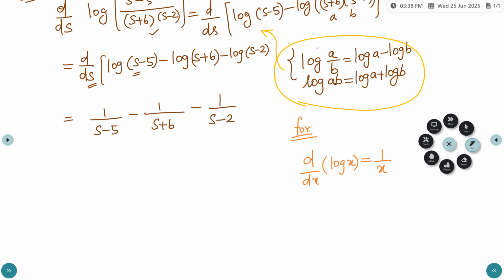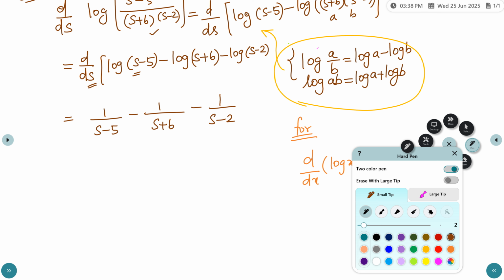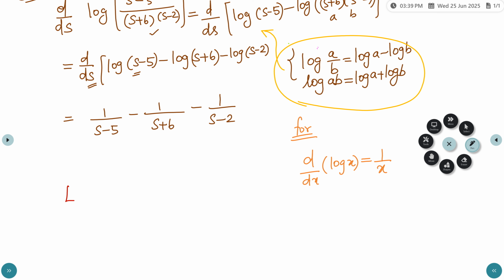Then finally, we need the L inverse. In the given problem, they are giving L inverse of log of s minus 5 divided by s plus 6 into s minus 2.